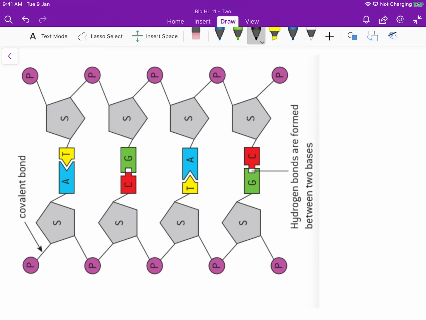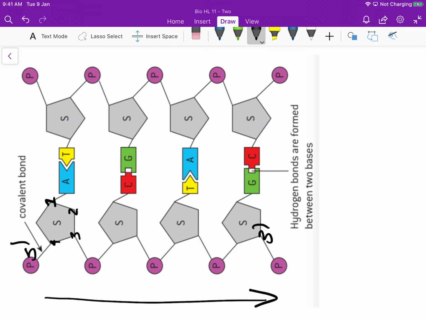Now, most of the diagrams, they don't label it that way, they label it sideways. So let's see if we can work out which end is a 5' and which end is a 3' if we're thinking about moving in this direction. Let's go around and label them. Well, we label the right-hand side, so this is 1, 2, 3, 4, 5. So that's 5', and therefore this is 3'.